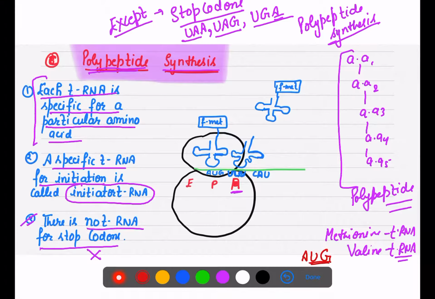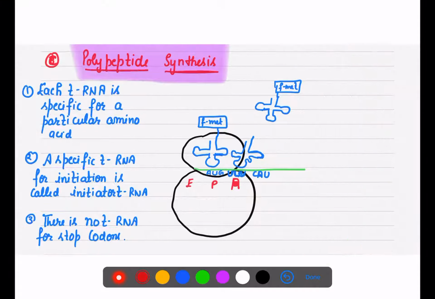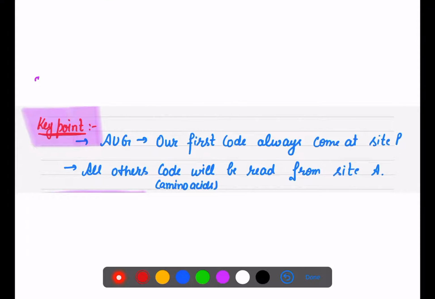Now here is one exception, because I told you that the amino acids will be received at the aminoacyl site, but AUG, our first codon, is always received at the P site.